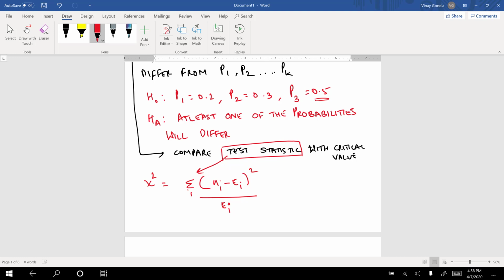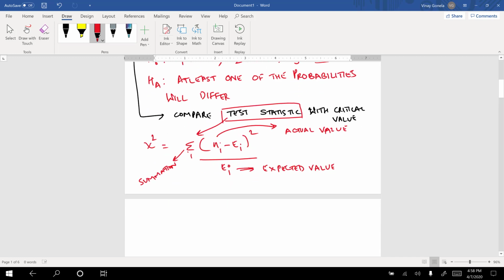Here ei is the expected value, and ni is the actual value, and this sign is summation, that means you are summing all of them.